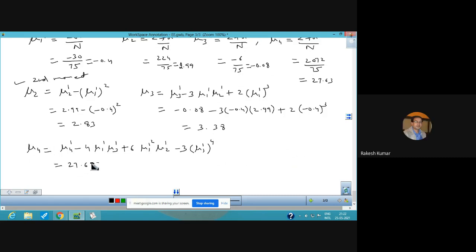Mu4 dash is 27.63 minus 4 times negative 0.4 into negative 0.08 plus 6 times negative 0.4 whole square into 2.99 minus 3 times negative 0.4 whole raised to power 4. So after substituting values and making simple calculation, you will have 30.295. So this is your fourth moment.